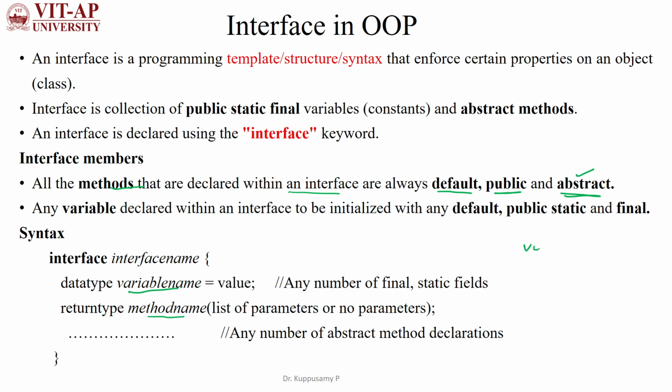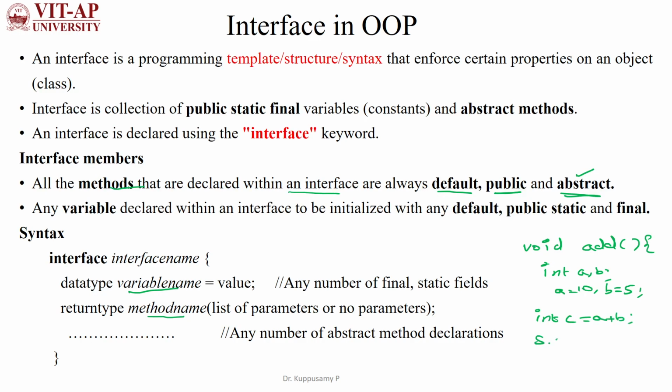For example, when defining a method, what we have seen till now is that we declare the method and define inside it like this: int a, b, then assign some values, a equal to 10, b equal to 5, then int c equal to a plus b.